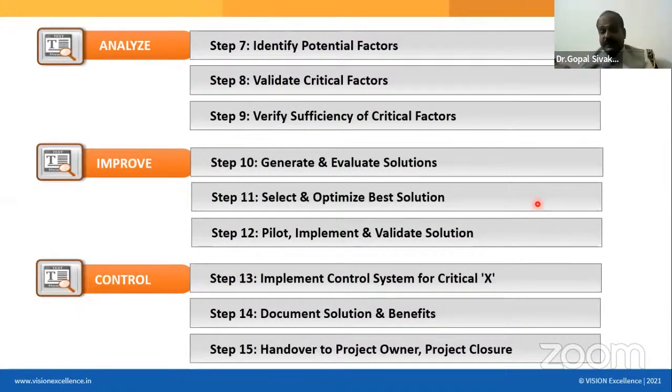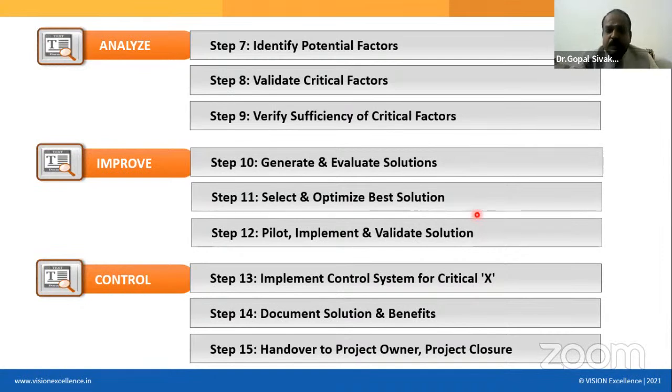Similarly, in the analyze phase, the main deliverable is the validated root cause. And how to do that? There are 3 steps. In the improve phase, the main deliverable is a solution ready for implementation, with the implementation schedule. How can we do it? As I already mentioned, Six Sigma is an integration of multiple skills.